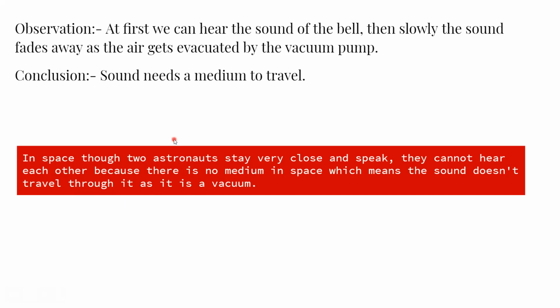So sound needs a medium to travel. There is no medium in space, that means space is a vacuum. So even though two astronauts stay very close to each other and speak, they can't hear each other.